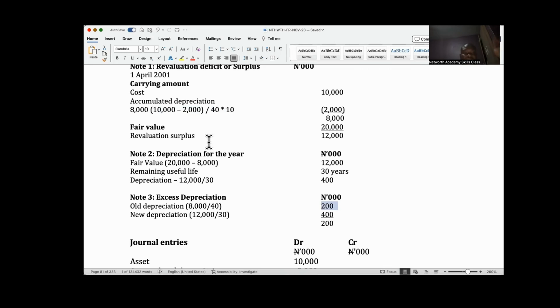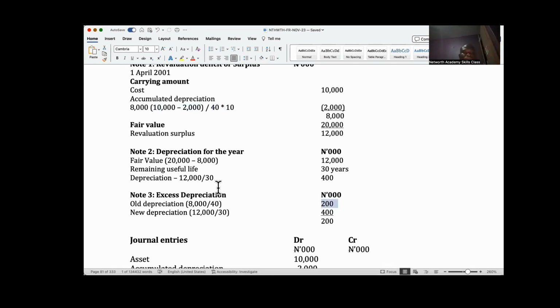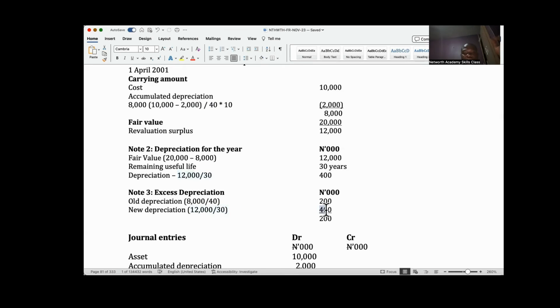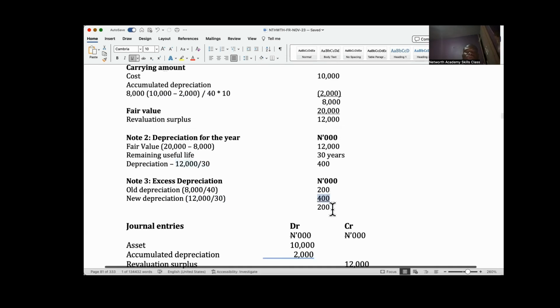But after the date of revaluation, my depreciation is simply 12,000 divided by 30 years, which results in 400,000 per annum. So the depreciation after evaluation has increased by 200, which we call excess depreciation. And you will see how we record that. Like I told you earlier, you just transfer it from revaluation reserve to retained earnings every year.